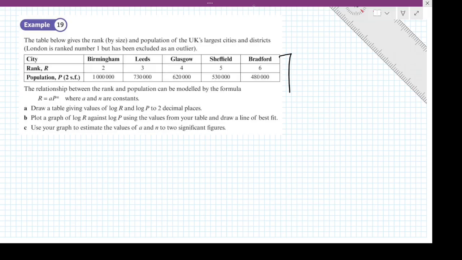We're told that the relationship between R and P, the rank and the population, is given by R equals A P to the N. A and N are just constants, unknown numbers. Part A says to draw a table giving the values of log R and log P.